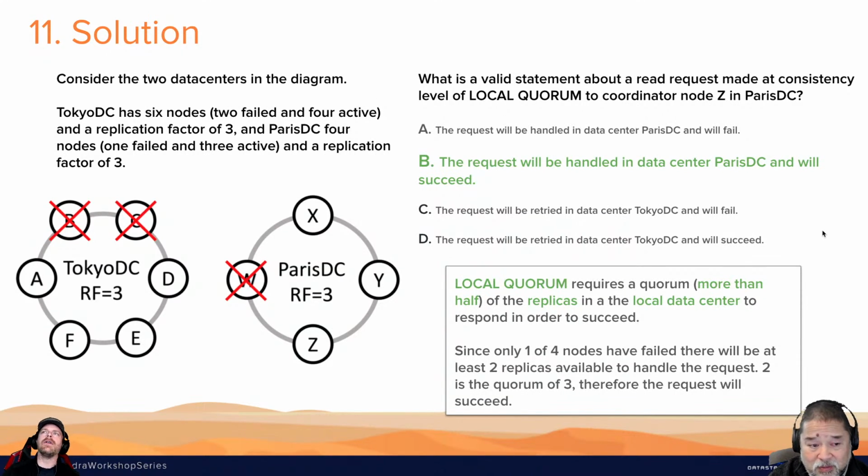Just something to point out here, generally speaking, when you are using your consistency level, you want to start with the local variants. We're not really getting into a lot of detail here, but you'll see there's local quorum compared to quorum. There's also local 1 compared to 1. By starting with the local variants, you're essentially protecting yourself from the future.